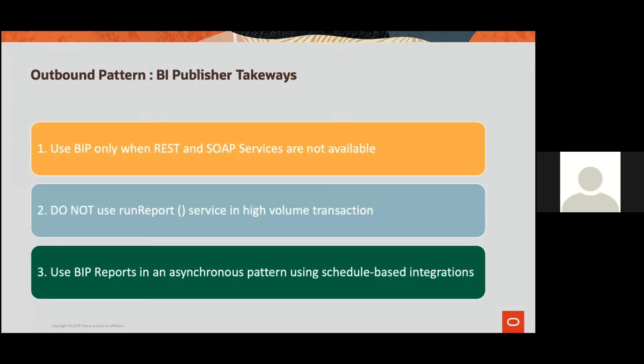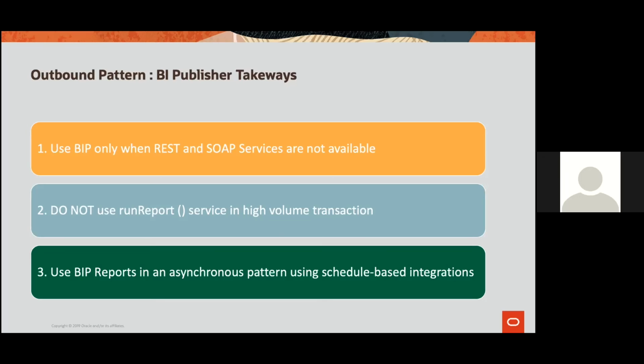I've also seen run reports being used in high volume transactions. Run report is a way you can go and run a report on the BIP server and then get the data out. And as it says, the call is running a report. I've seen customers use this in more real-time scenarios and wonder why their integration performs so poorly.